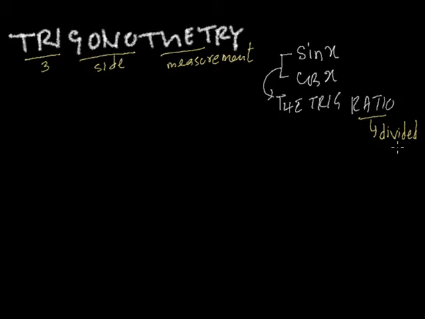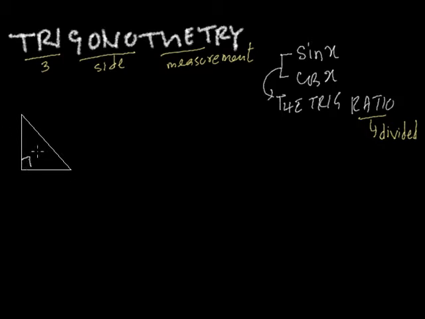Now the sine ratio, first of all, by definition, if you're talking about a triangle, if trigonometry is a three-side measurement, the first thing that comes to mind is a triangle. So if this is a right angle triangle, then this is the right angle.